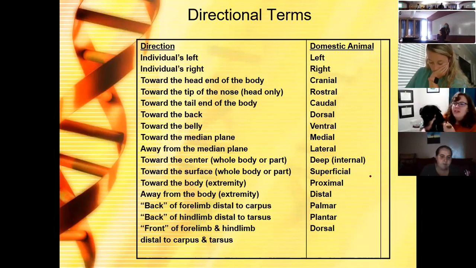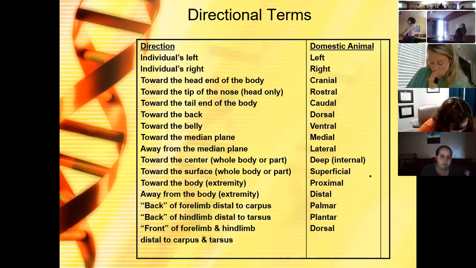Again. I got all day. Again. Left, right, radial, rostral, dorsal, ventral, medial, lateral, deep, superficial, proximal, distal, palmar.